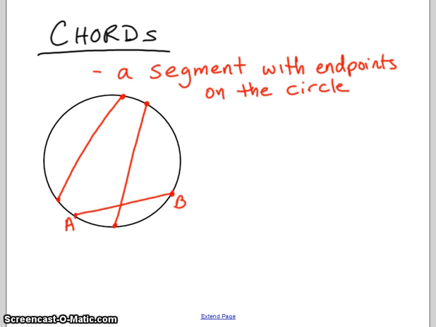Okay, now there's specific rules with chords. Alright, so let's draw up another circle here.